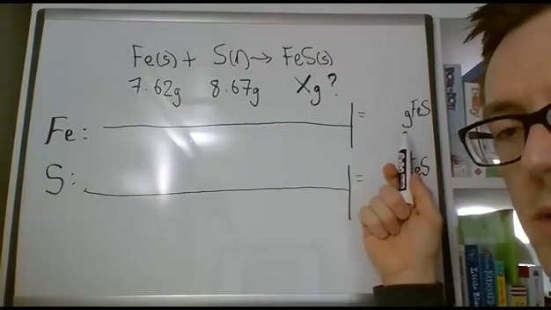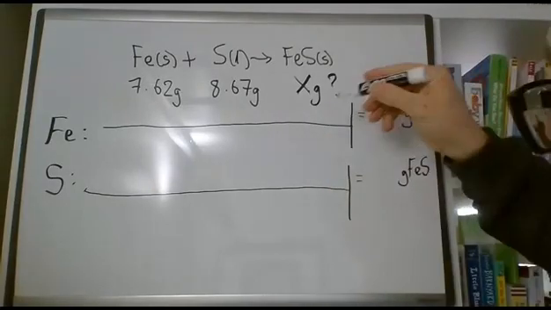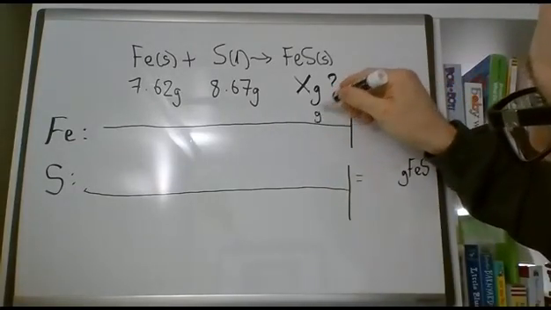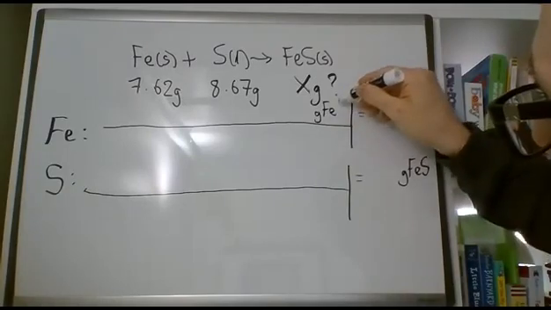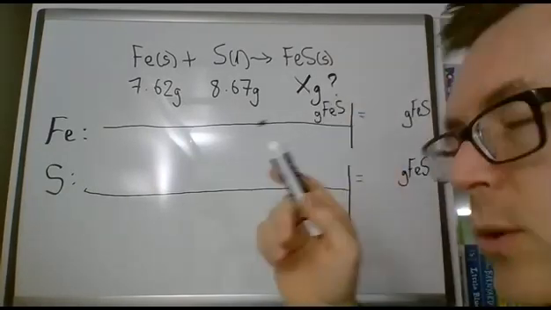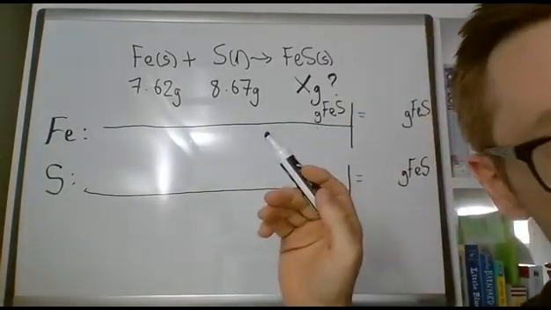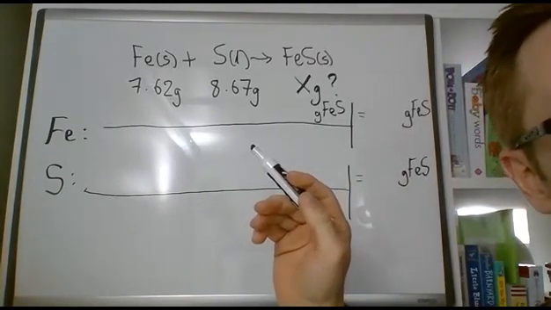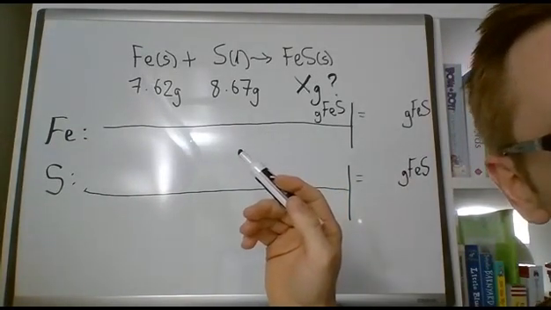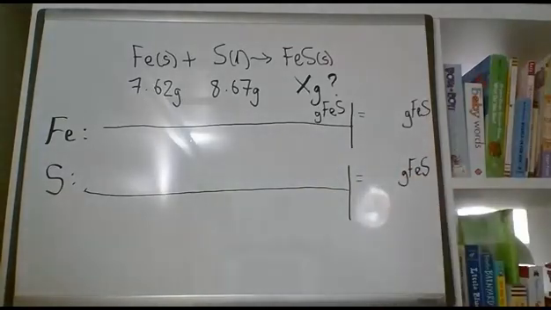Whenever you write grams of anything, you immediately write it here, and you write the formula weight of FeS in grams. For that, we need a periodic table, which I have just slightly off camera. So I need to calculate this myself.